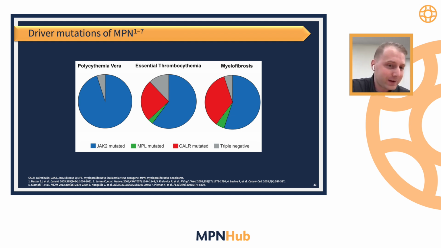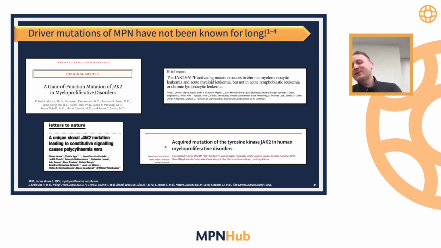And what is quite striking, these mutations were discovered quite recently. It's not so long ago that we knew about these driver mutations. The first one that was discovered was the JAK2 mutation, the most common mutation in MPN, namely V617F.